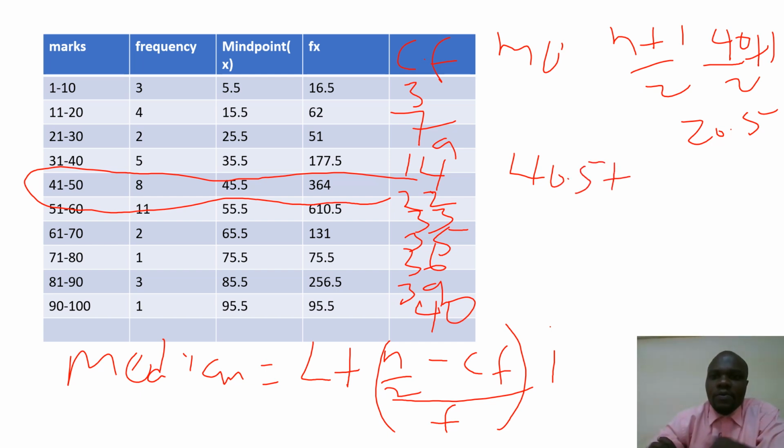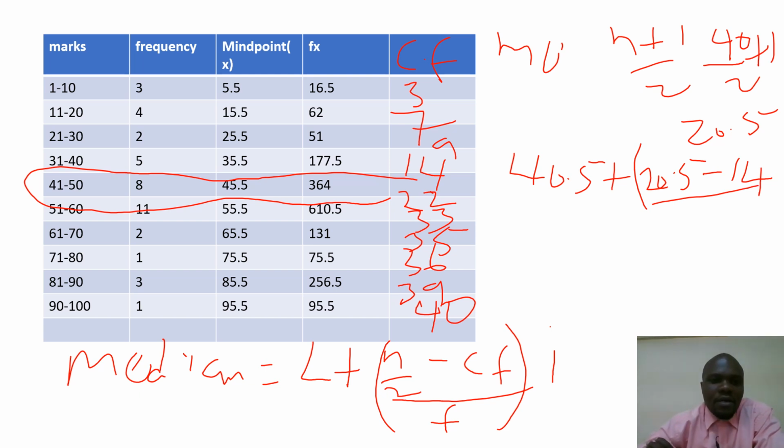Then we add it to 20.5, then minus our cumulative frequency, which is 14. Then we divide by our class frequency, which is equal to 8. Then all these we multiply by 10.